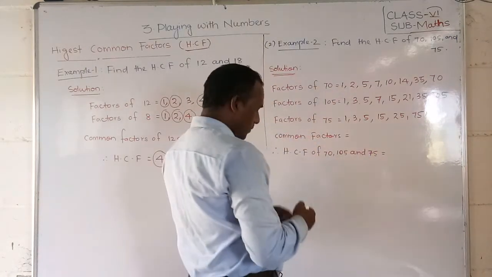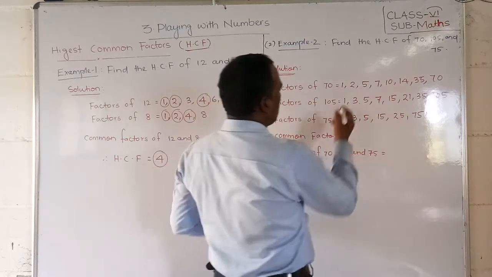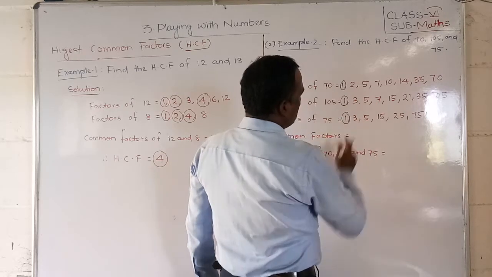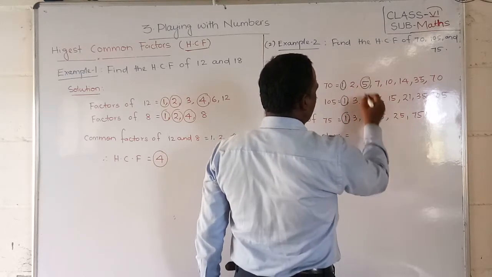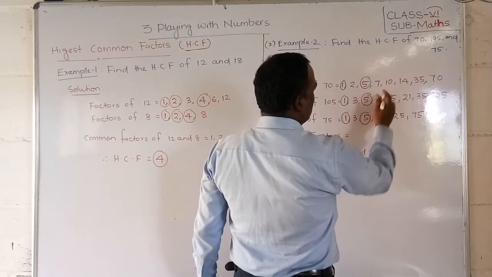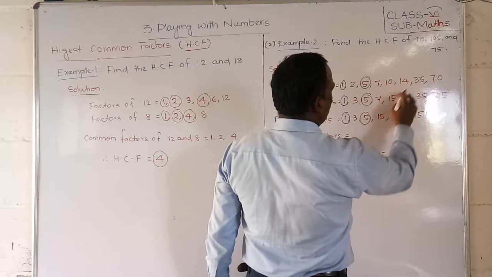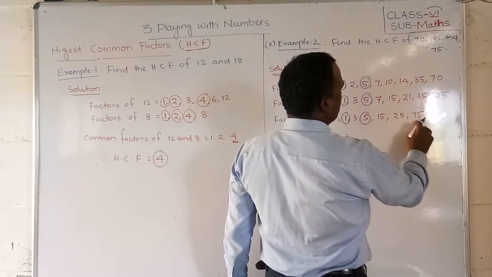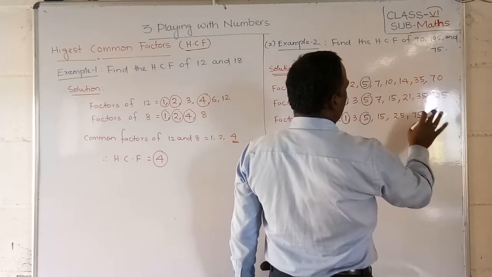Now let us make the common factors. What are the common factors? First, 1 is in all three. Here 2 is there, but 2 is not in the others. 5 is there in all. 7, 10, 14 and 35 are not in all three. 70 is also not common.